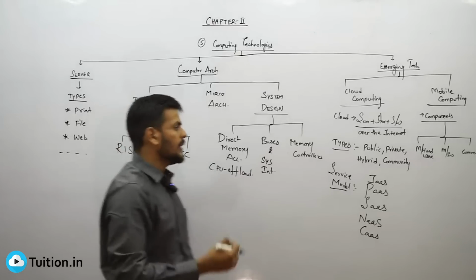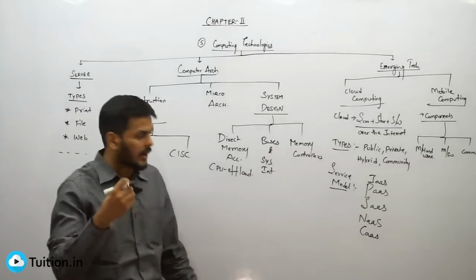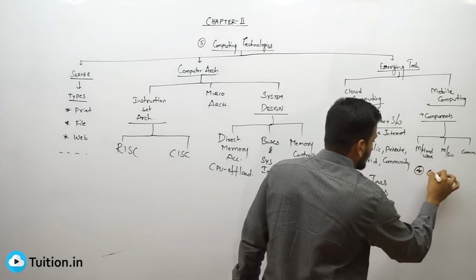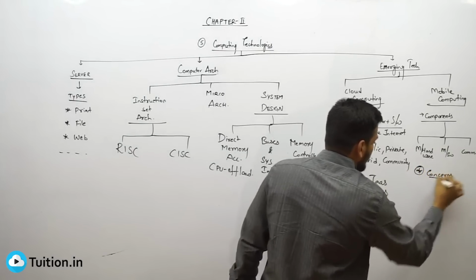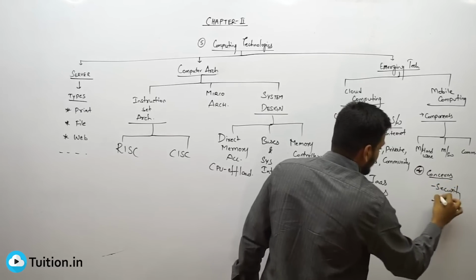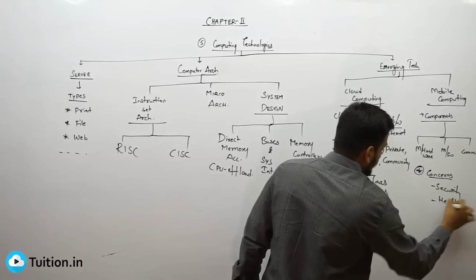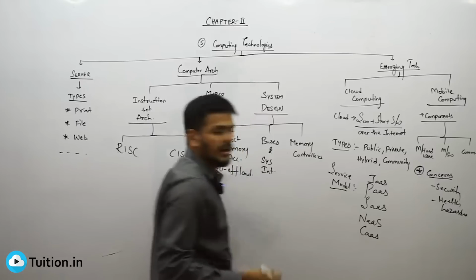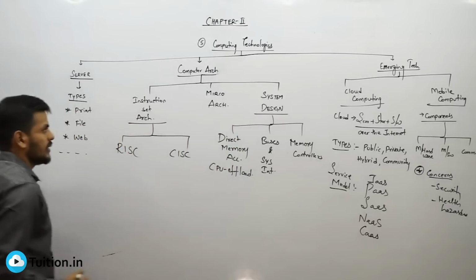And then of course we talk about the concerns. I want you to focus on that point also. Concerns in mobile computing: security, health hazards. So those are some points that one needs to consider in terms of mobile computing as well, right?